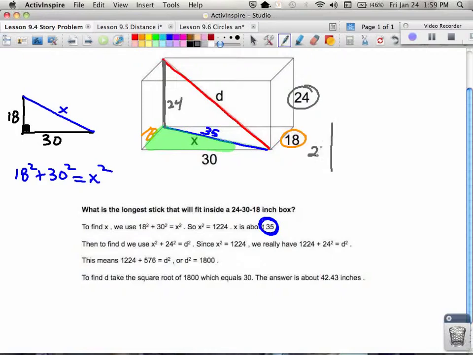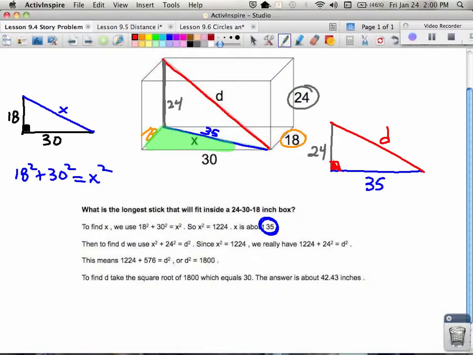I see my side length of 24, which is the height of the box. I see the 35, which is the diagonal that I had found across the bottom of the box. And then I know that I'm looking for this distance called d, which is going to be the stick I put in the box. And again, I have a right angle.